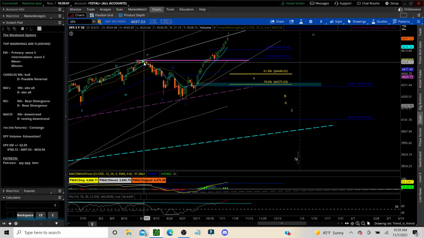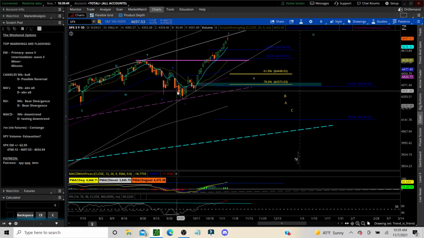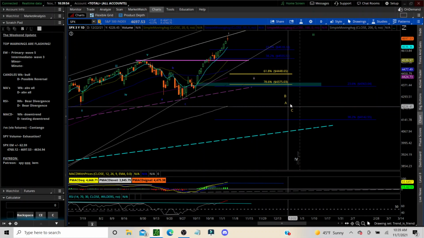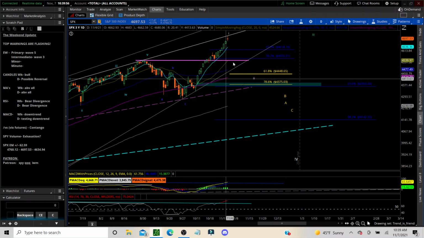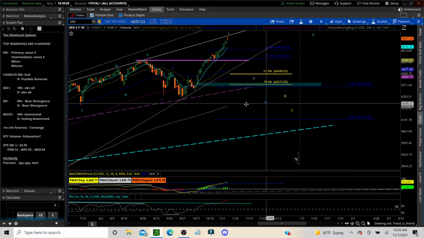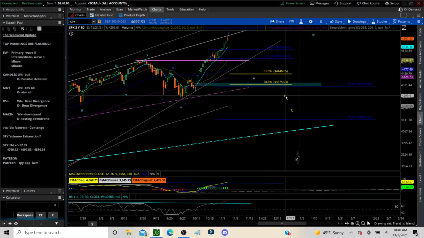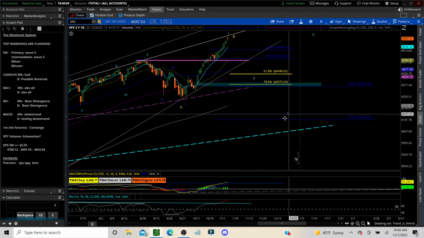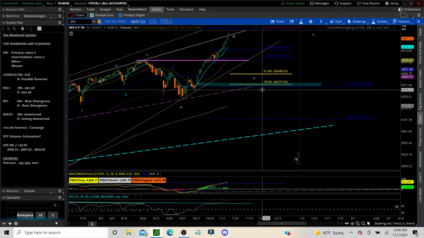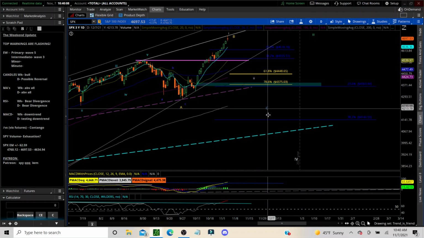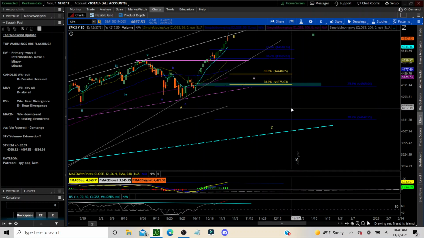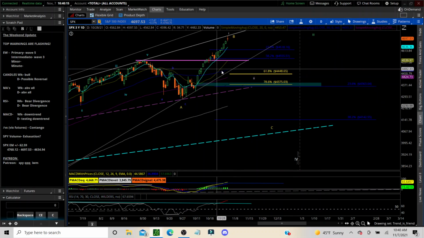So that would be an expanded flat. That would be an A. And I have these over here as just places, I'll put them in later. Actually, I'll show you what I mean. A down, B expanded flat, and C either a running flat at the 236 or all the way down to the 382. Kind of two scenarios that we could be looking at.